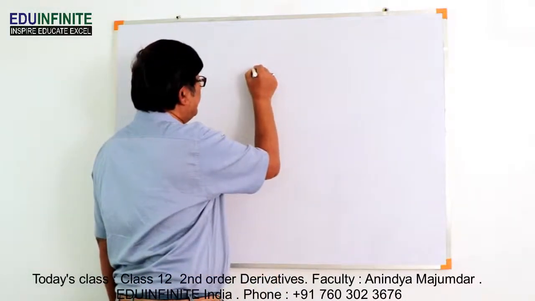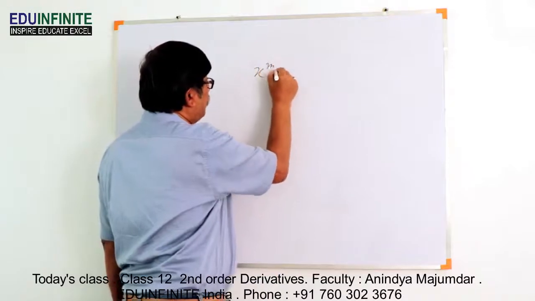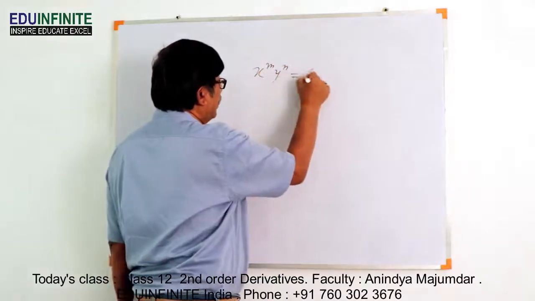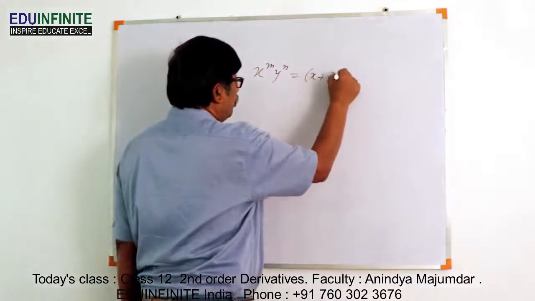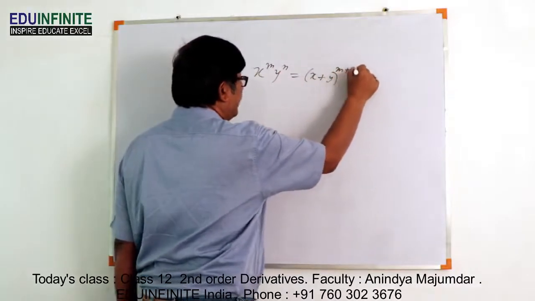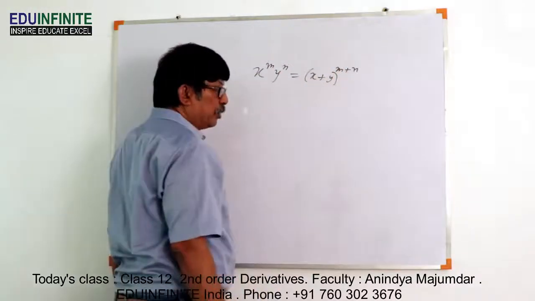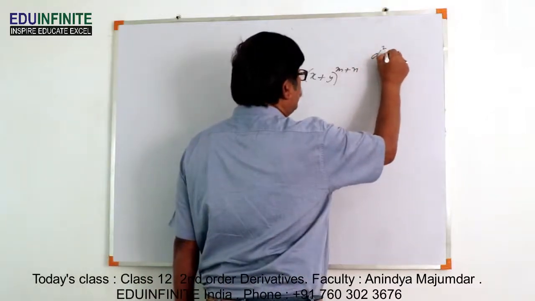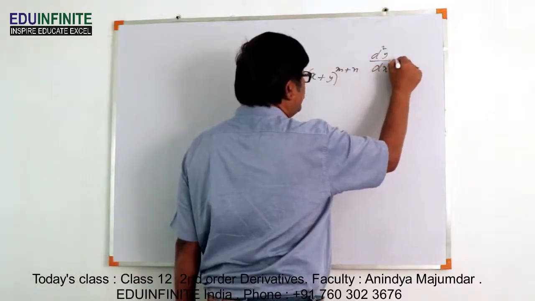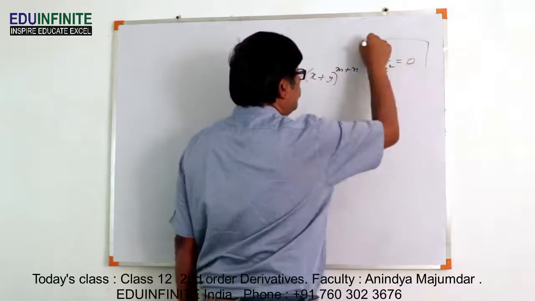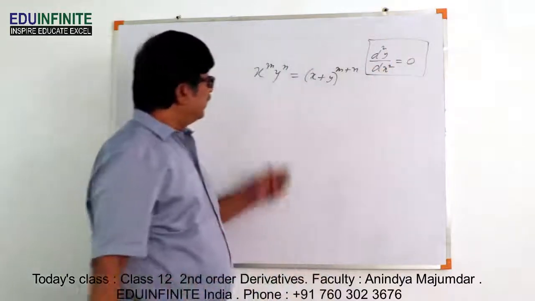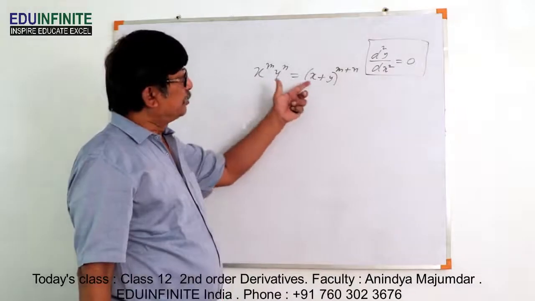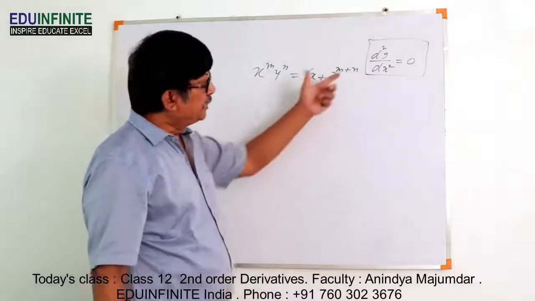That is, x to the power m into y to the power n is equal to x plus y whole to the power of m plus n. You have to prove that d2y/dx2 is equal to 0.